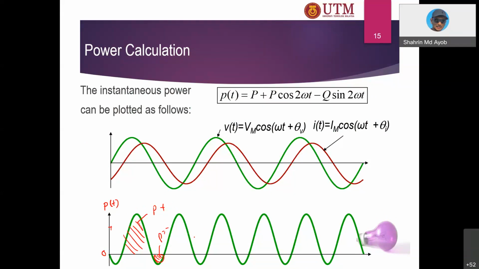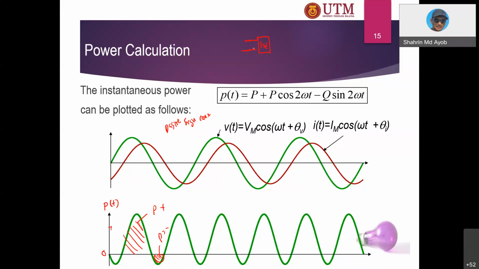So what does this mean, based on the passive sign convention? What is meant by positive and negative? Sometimes it's positive, sometimes the power is negative. This means that in an AC circuit, sometimes the load consumes, or absorbs, the power.